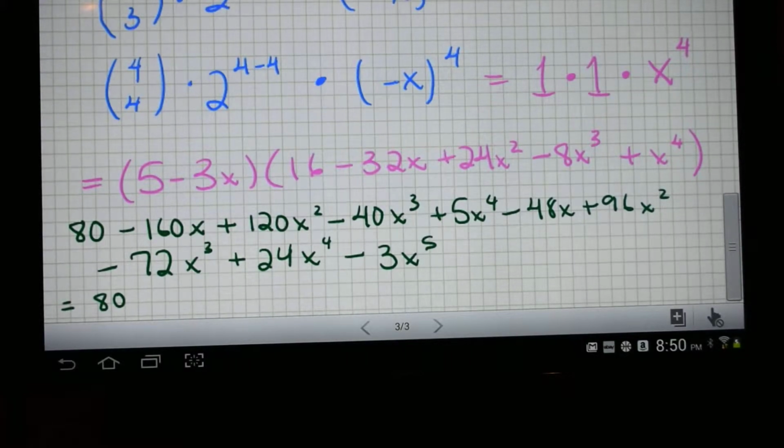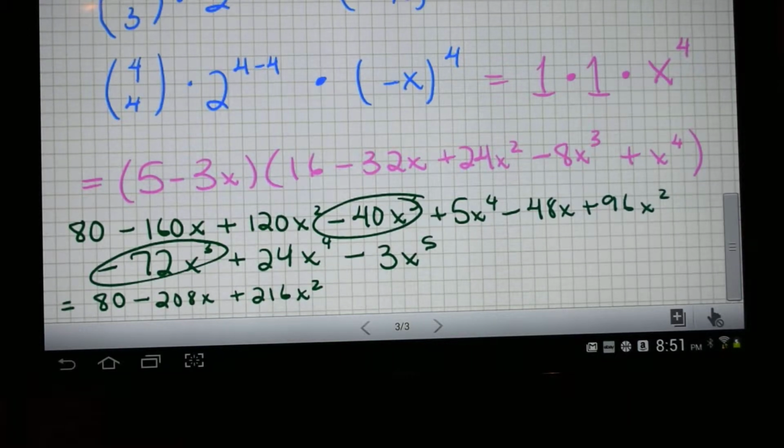Negative 208, minus 208x. And then x squared, we have 120 and 96. The third, we have negative 40 and negative 72. Negative 112.